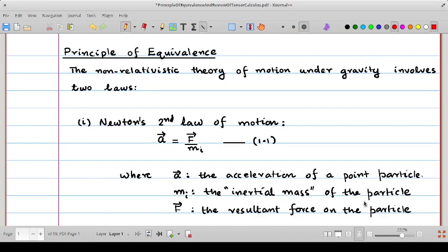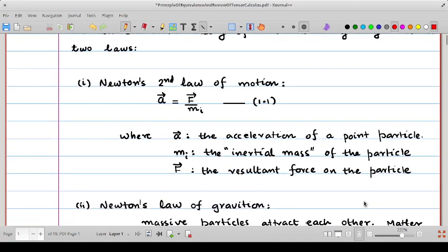The first one is how a material particle moves under the influence of an external force, and that is given by Newton's second law of motion, which reads: the acceleration A equals the force vector divided by m_i, where this constant factor m_i of a particular material particle is called its inertial mass.